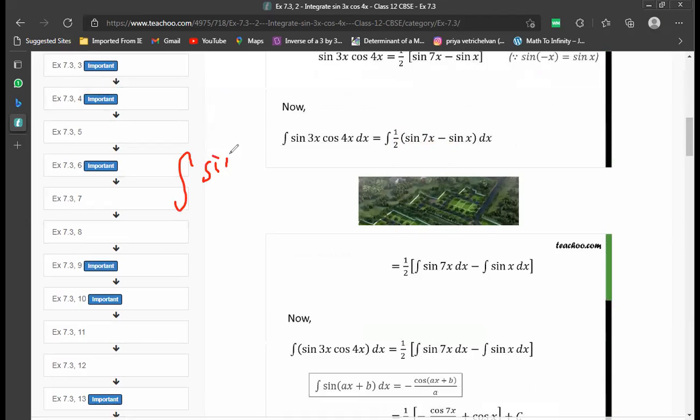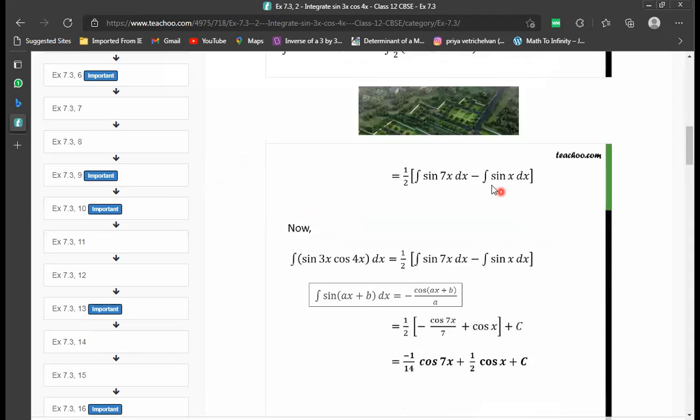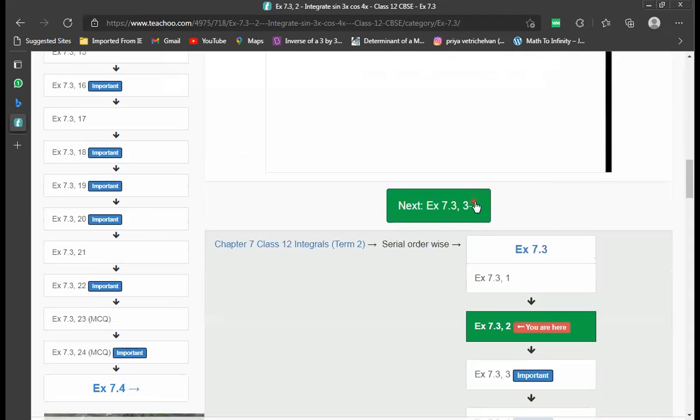What is integration of sine nx? It's minus cos nx divided by n, isn't it? So sine 7x will turn into negative cos 7x upon 7. And integration of sine x is nothing but minus cos x, so minus of minus cos x will turn into plus cos x.